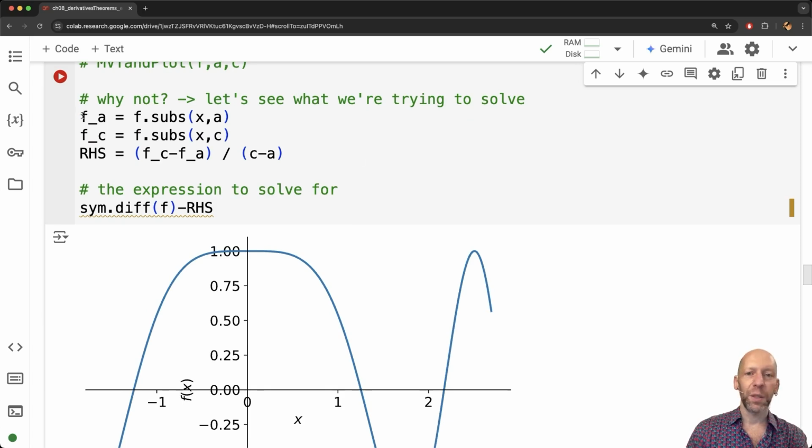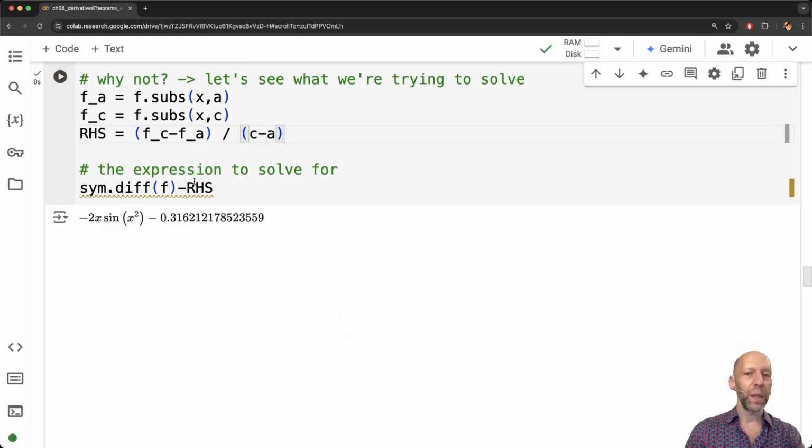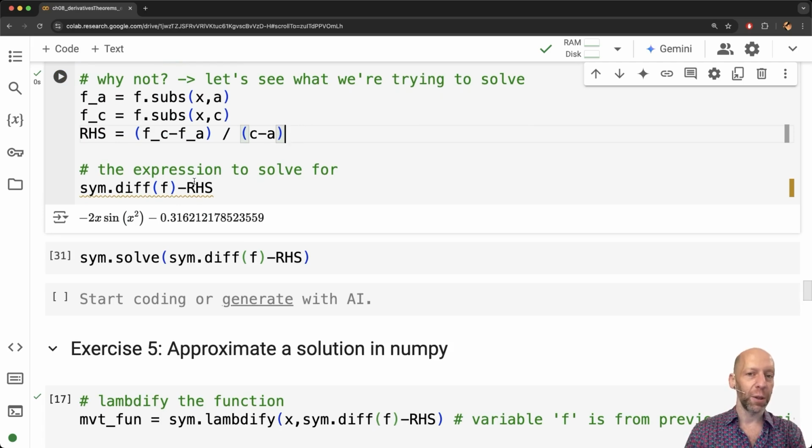Okay, so here I'm just, again, like what I did with the previous exercise, writing out these different pieces of the mean value theorem algorithm in order to determine the expression that we need to solve for. So this is the expression. This is the derivative, and this is the right-hand side of the equation, which is actually just this.